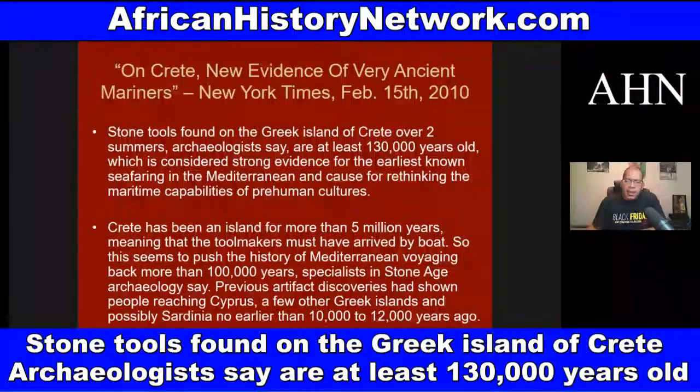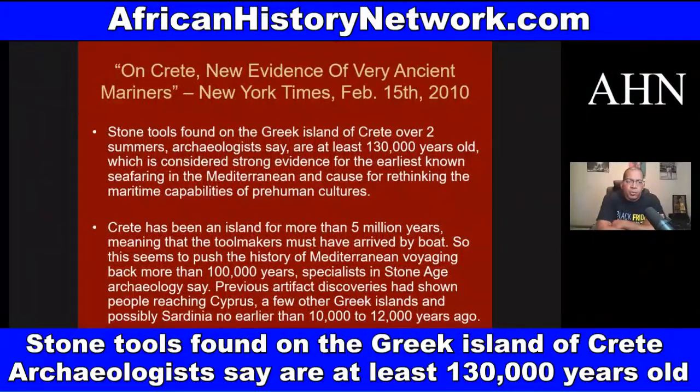Now, Crete has been an island for more than 5 million years, meaning that the tool makers must have arrived by boat.